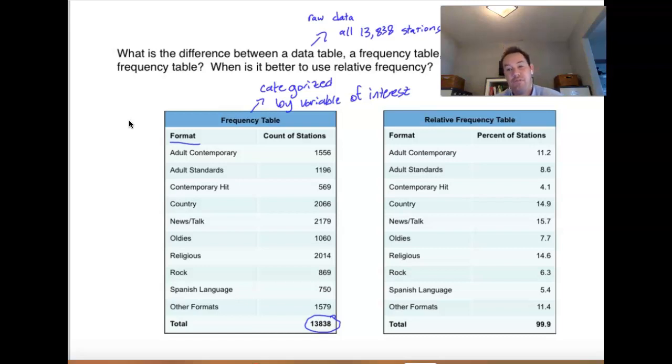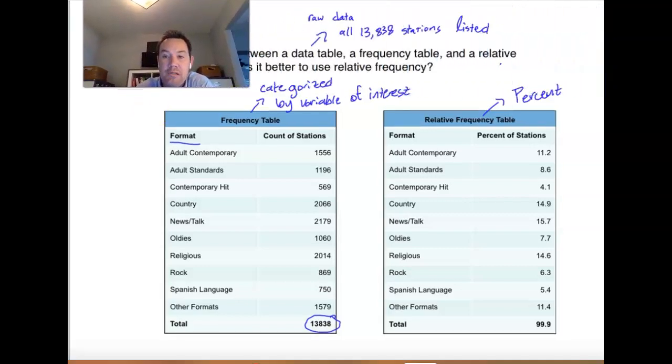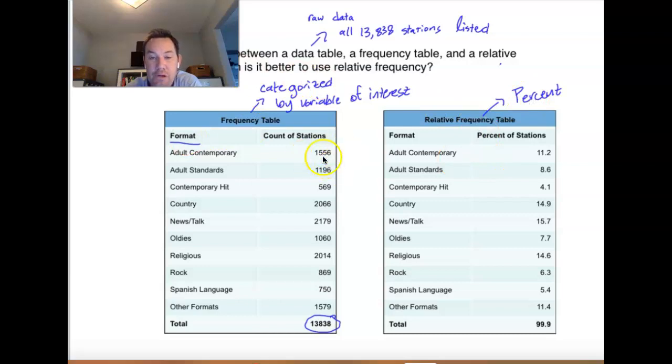And then a relative frequency table is when you calculate by percent. So now you can see, instead of looking at whole numbers or frequency of radio stations, we're actually looking at what percent each format takes up in the market.